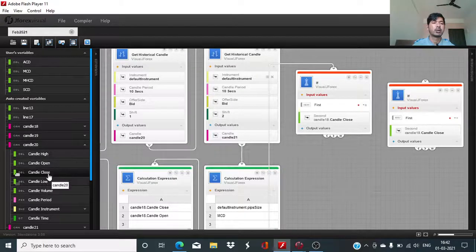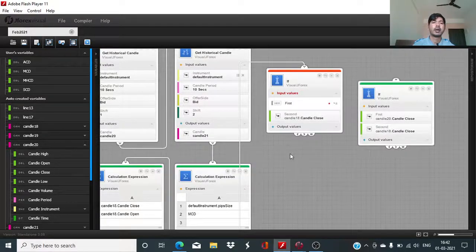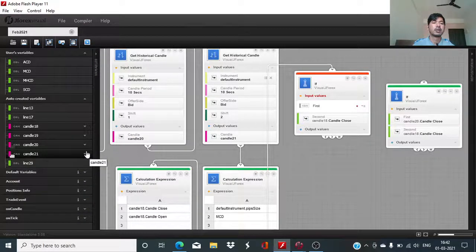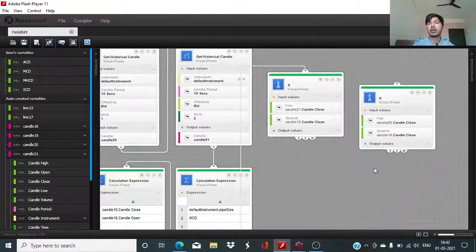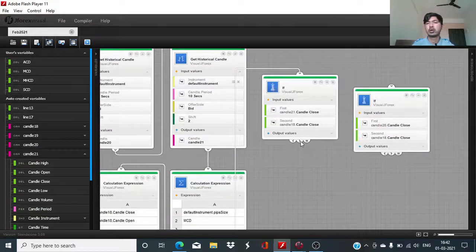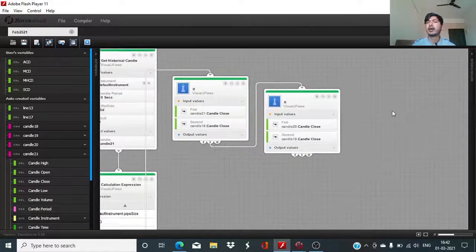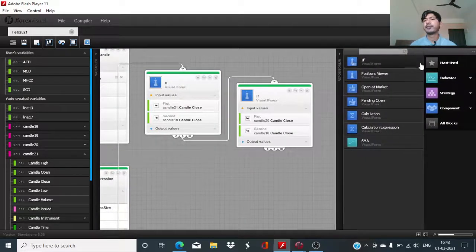That means its closing needs to be greater, and candle 20 has shift value of 1, and its closing needs to be less. So here this should be first input greater than second input, and in this case first input less than second input.